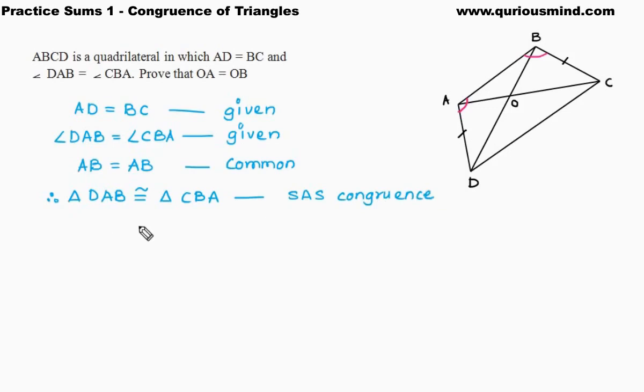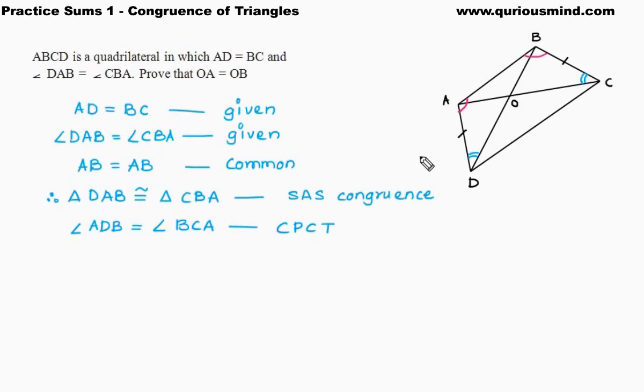SAS congruence. Now this gives us that angle ADB is equal to angle BCA. That's because of CPCT, corresponding parts of congruent triangle. So now what we know is this angle is equal to this angle, CPCT.